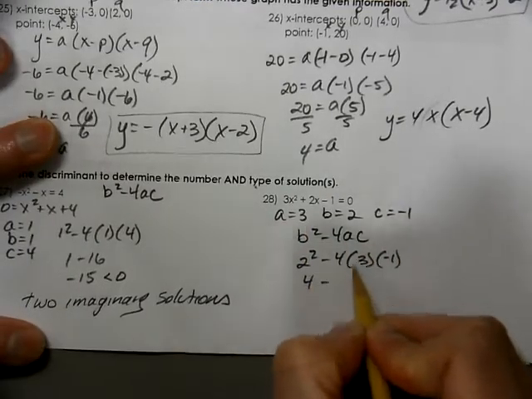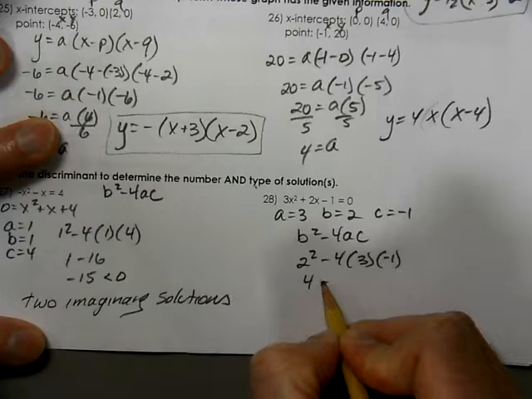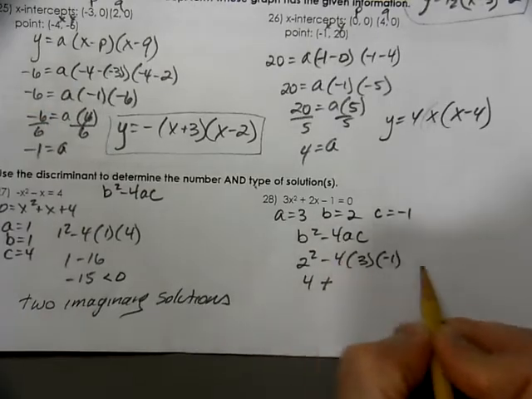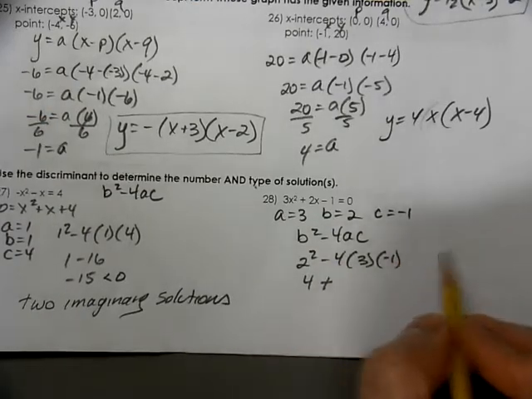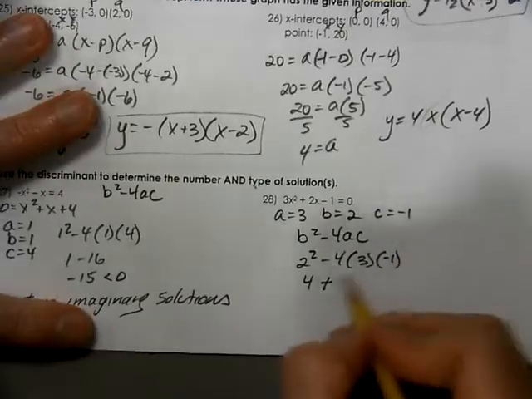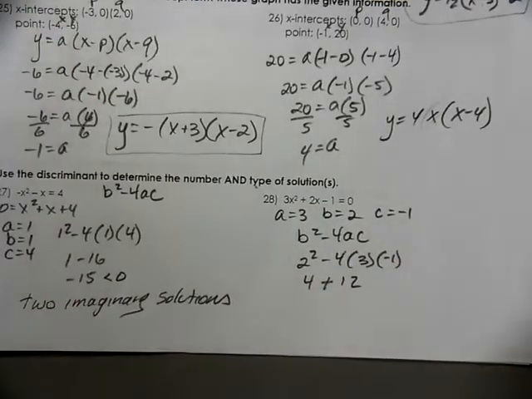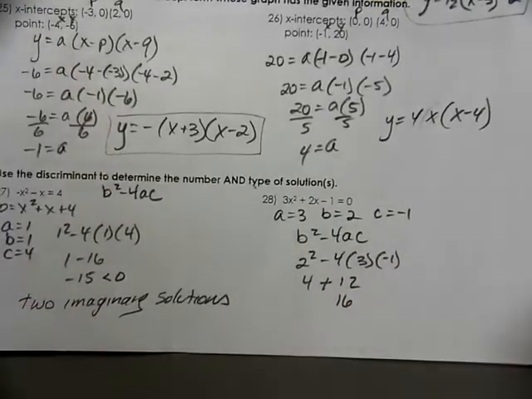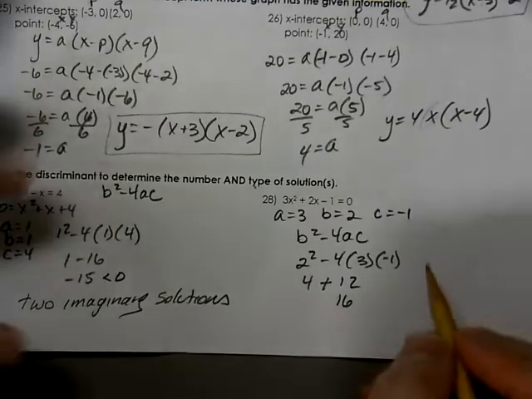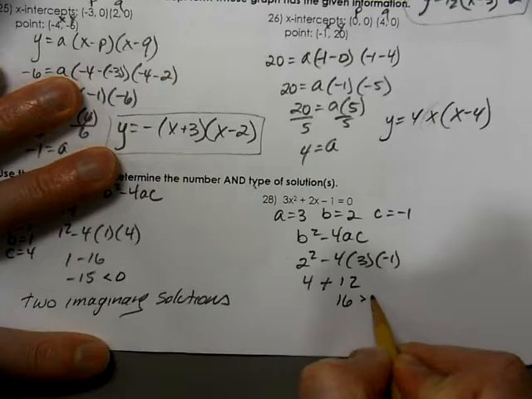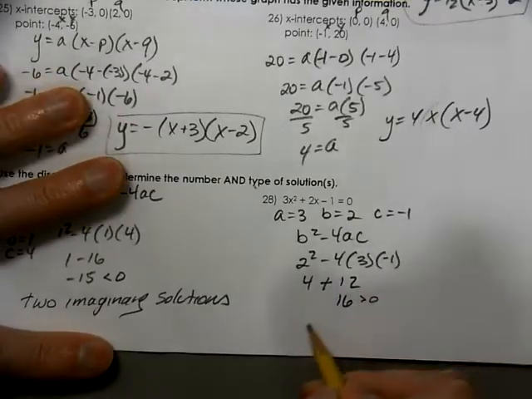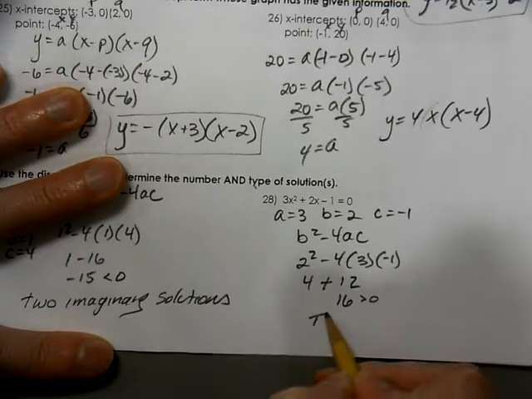That's 4 minus, which is actually going to become a positive because it's a negative 4 and a negative 1 with that positive 3, so it's a positive 12. So we get 16. What 16 tells us a couple different things. For one thing, it's greater than 0, so we have 2 real solutions.